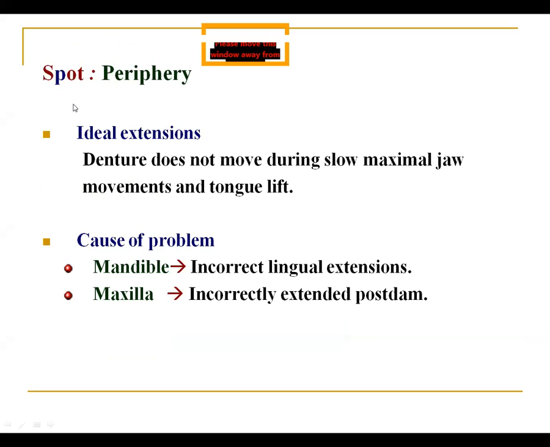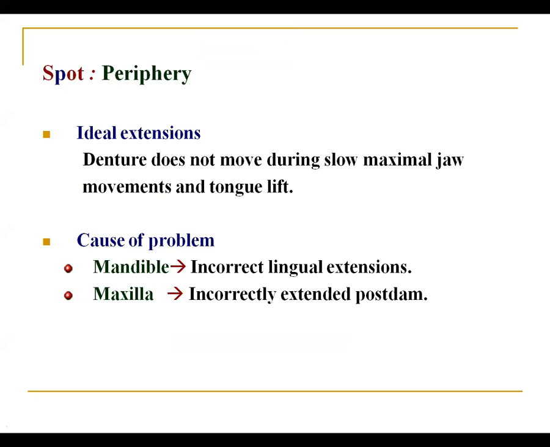After support, coming towards the periphery. As far as periphery is concerned, periphery means the proper extension. Is your denture properly extended to the depth of the vestibule, yes or no? We have to check. We have made the impression properly and prepared dentures as per our impression.